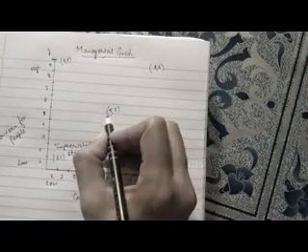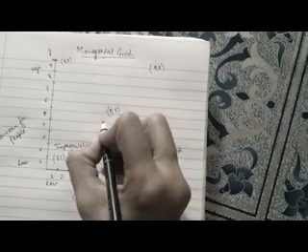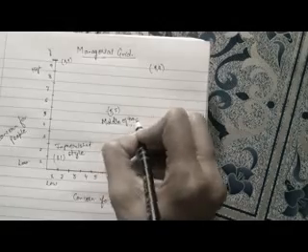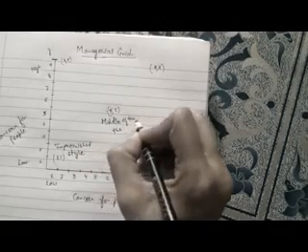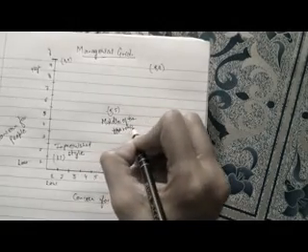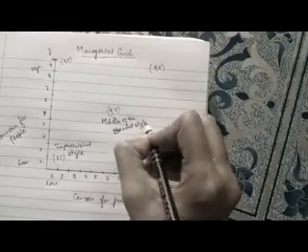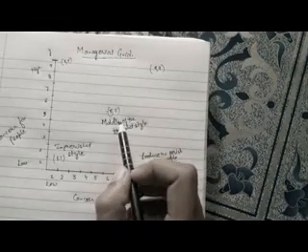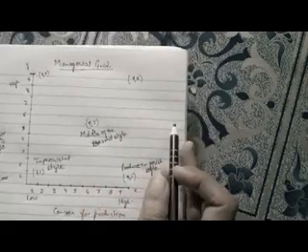So Blake and Mouton gave the term for 5 comma 5 type leadership: middle of the road style.